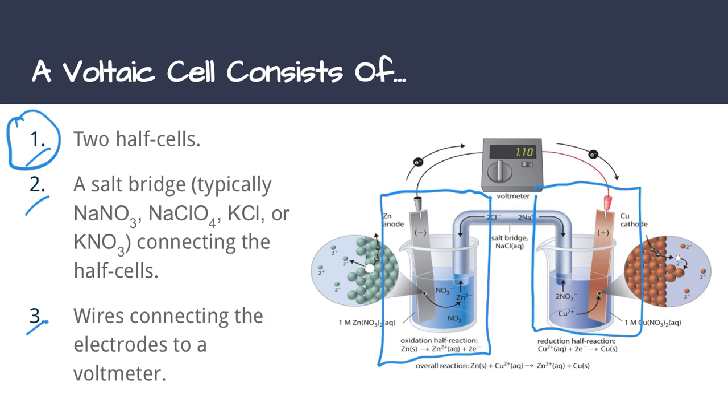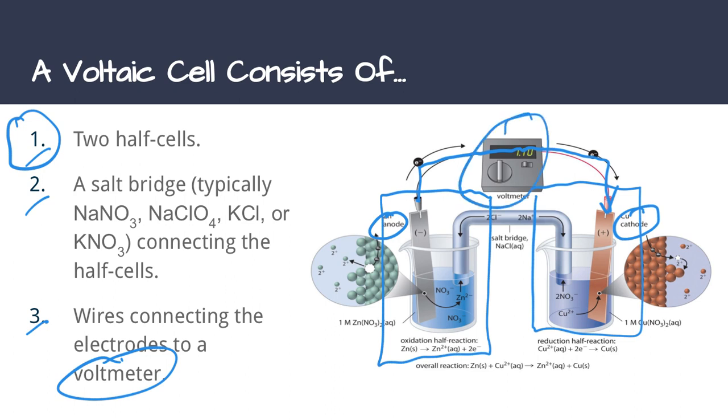There are always two half cells, one of which is the anode and the other the cathode. To connect the two, we also have electrodes, and we usually include a voltmeter so we can see how many volts we are creating from our chemical reaction. Our voltmeter is here.